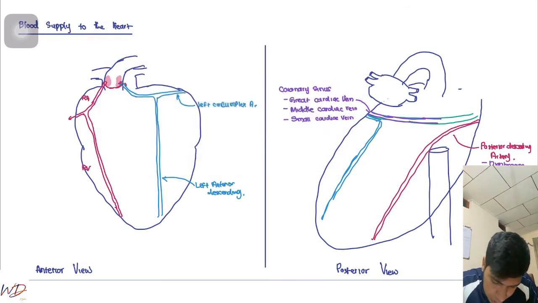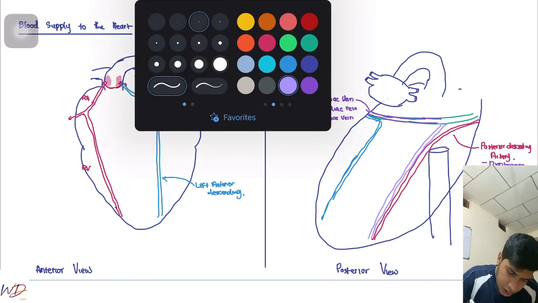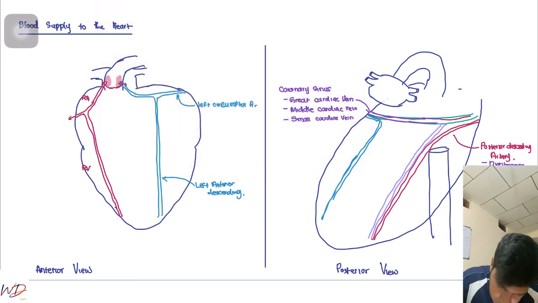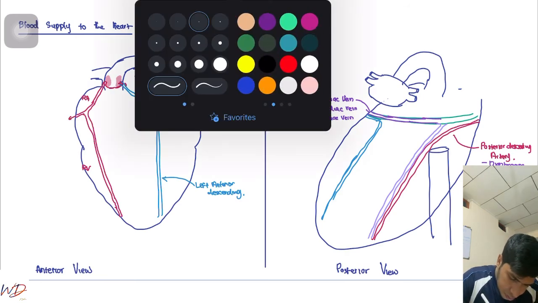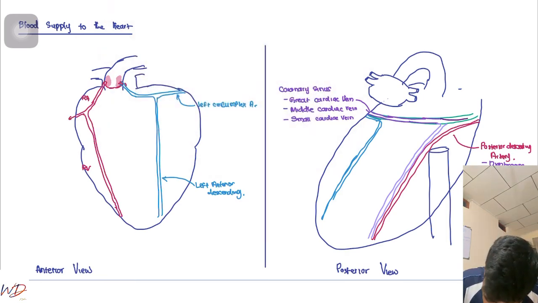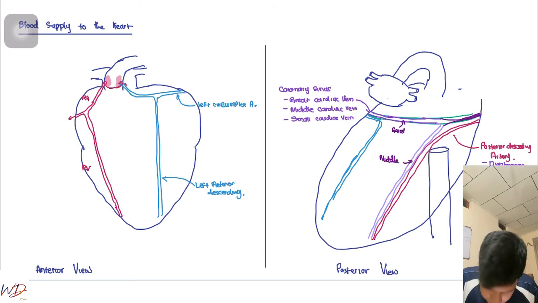Then we have the middle cardiac vein, which goes with the posterior descending artery, and we have the small cardiac vein, which comes from the anterior side. So the great, middle, and the small.